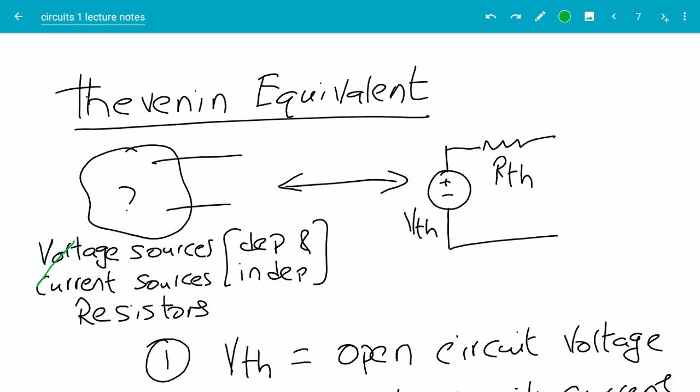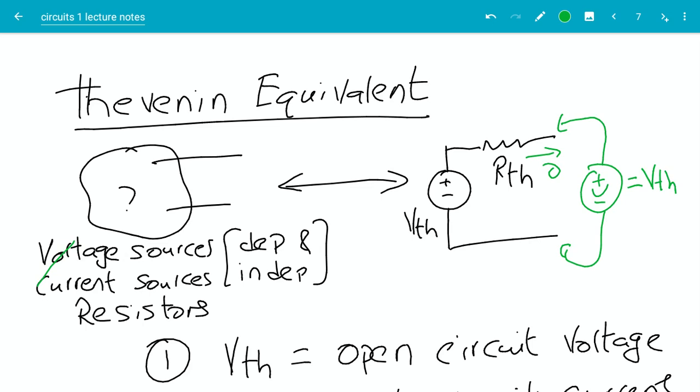Remember I said these two circuits behave exactly the same way. So if I take a voltmeter and connect the plus here and the minus here, because an ideal voltmeter is supposed to have infinite resistance, it acts like an open circuit, so there is no current going in here. If there's no current through RTH, there is no voltage drop across RTH, and this voltmeter will measure VTH.